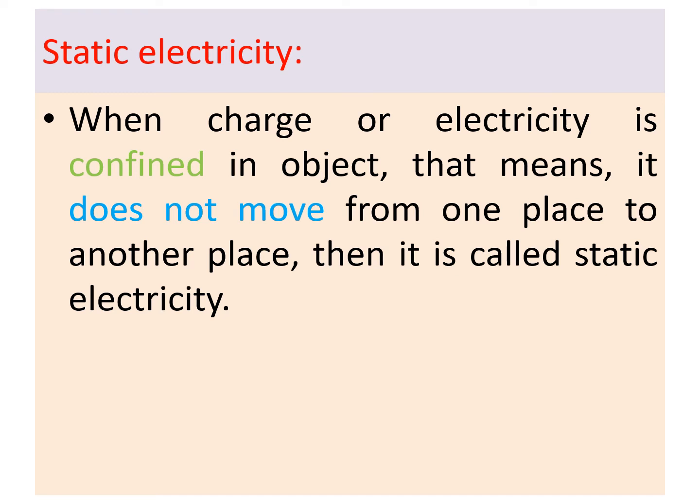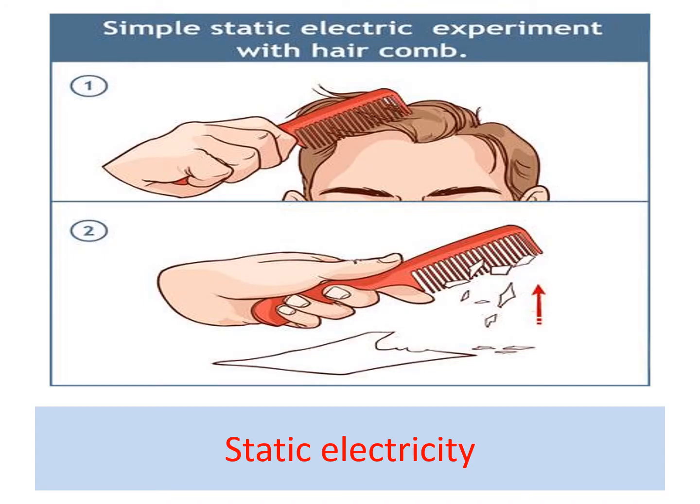That means it doesn't move from one place to another. Then it is called static electricity. Let me show you an example. When you comb your hair, you can see that the comb attracts a small piece of paper. That is an example of static electricity.